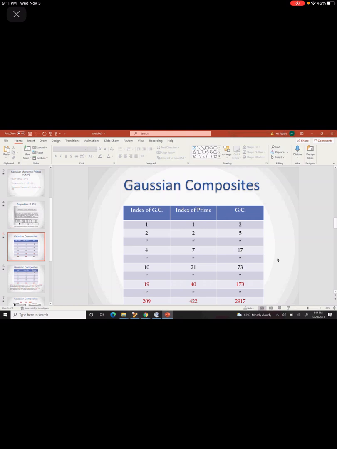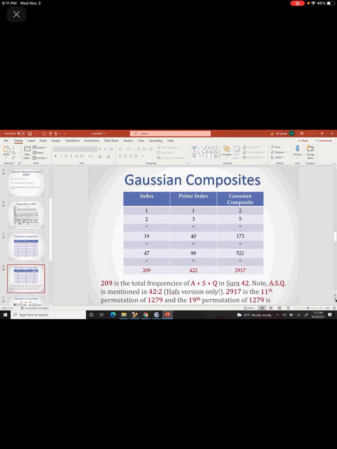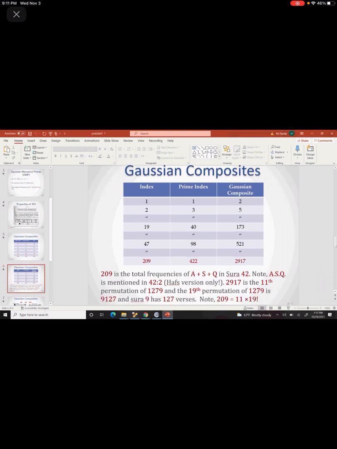And we notice that the 209th one happens to be the 422nd regular prime, and it's not 2917. We study this a little further and notice that 209 is the total frequency of Ayn Sin Qaf in Surah 42.